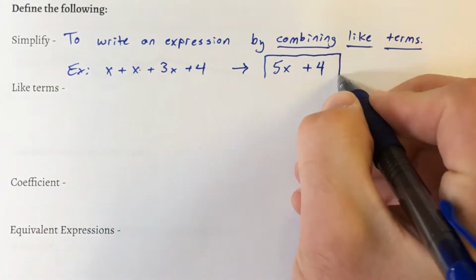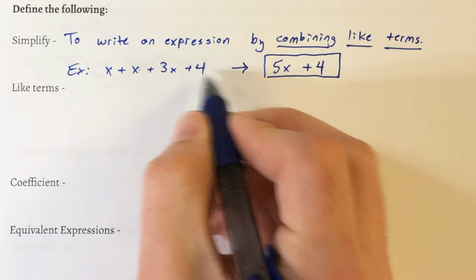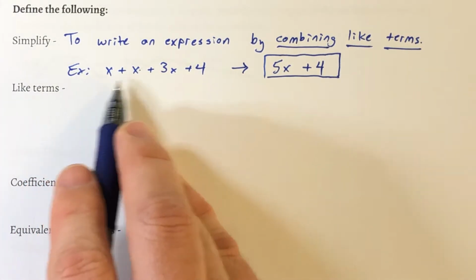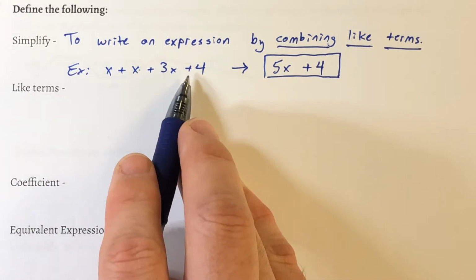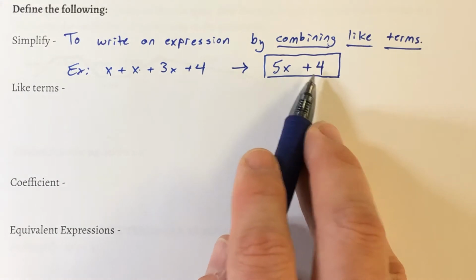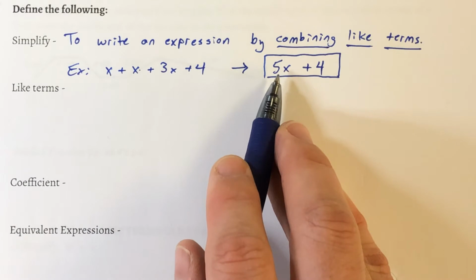So 5x plus 4 would be the simplified version of x plus 3x plus 4. I took what can be combined, specifically in this example, the positive x and the 3x, and got 5x. Well, you can't add a regular number to letters, so it's just hanging out there on the side. So this is as far as I can get. You can't combine those. Those are not like each other.